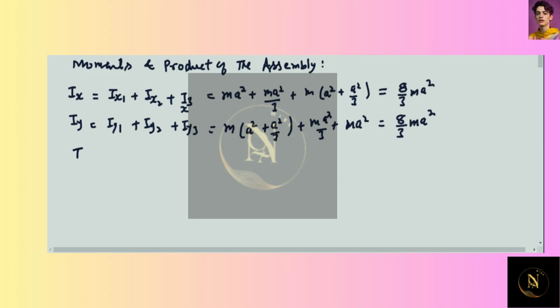Along z-axis, Iz1, Iz2, 1 by 3 ma square, 0.